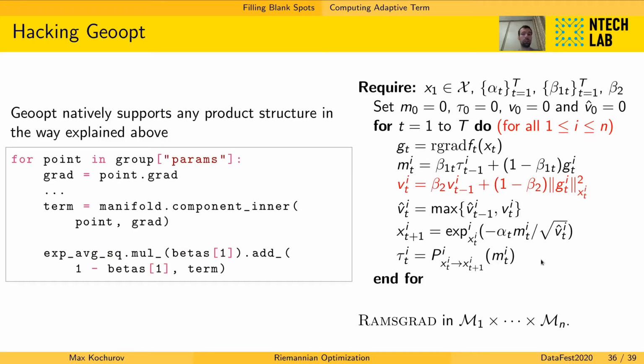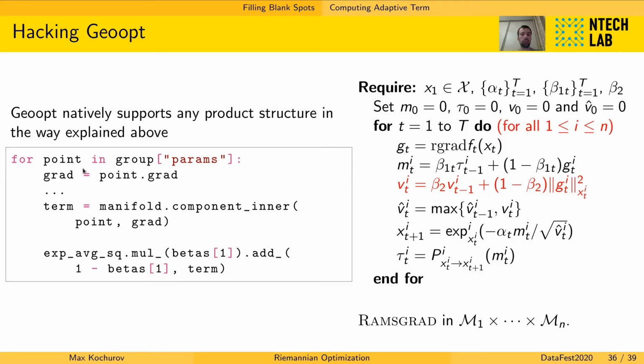If we would like to do this in geoopt, implementing our own optimizer, we would loop over the points in the parameter groups.